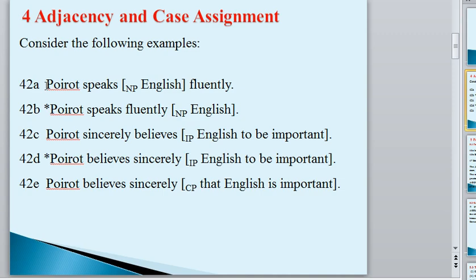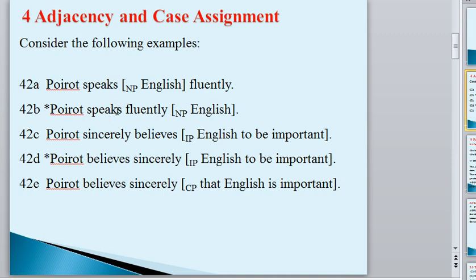Okay, you see here. Look at the second example. Poirot speaks fluently English. We have a verb here, but our sentence is ungrammatical. Why? Because the adverb fluently is between the verb speaks and the English NP.